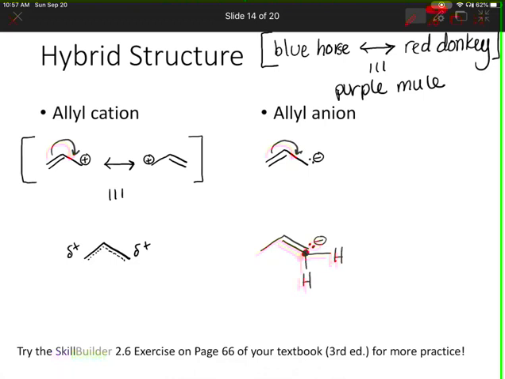So let's say that big dot is our carbon. Does that make sense? No, that carbon has too many electrons. It has 1, 2, 3, 4, 5, 6, 7, 8, 9, 10 electrons.